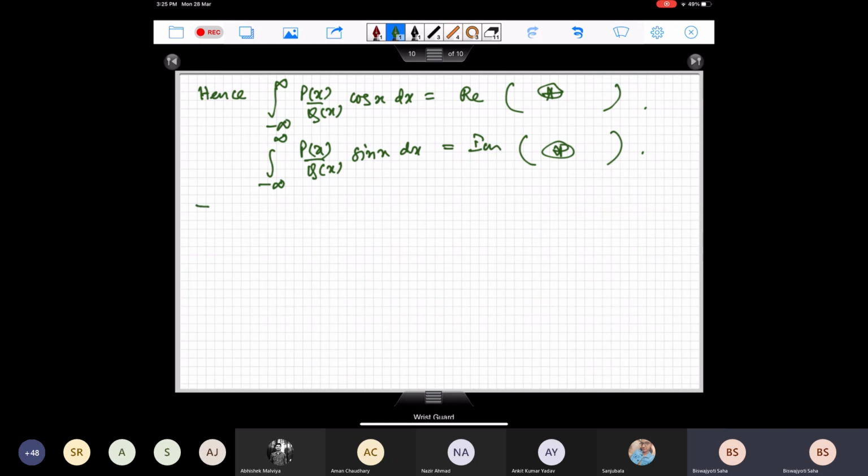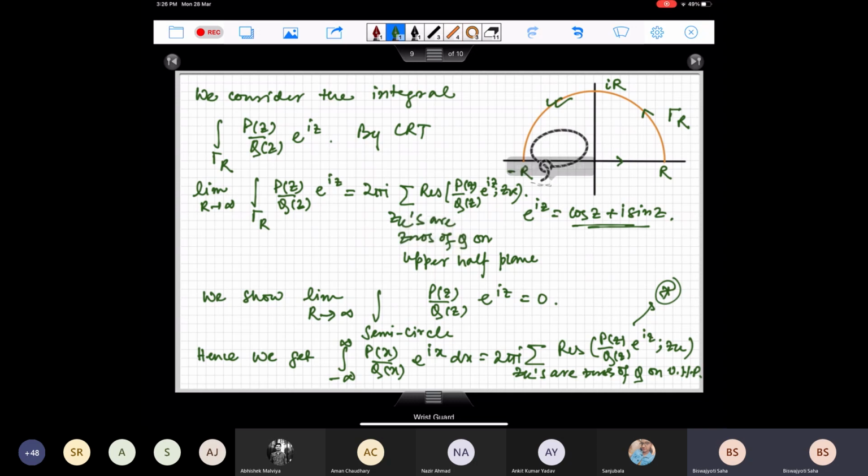So to show that the limit as r tends to infinity of the integral over the semicircle of p(z)/q(z) times e^(iz) is equal to 0, this is what I have to show. So let's take the picture that side as well.